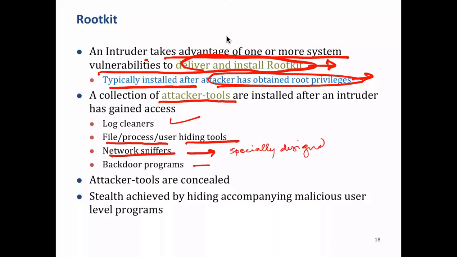Or it can put backdoor programs. Backdoor means that it can create some APIs, and then using those APIs or login credentials, it can create, for example, some user ID and password so that cyber criminals can get into the system anytime from outside. It's called a backdoor or trapdoor.